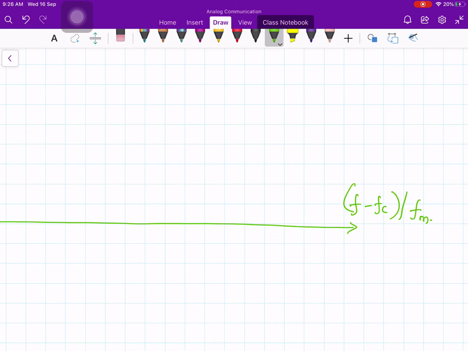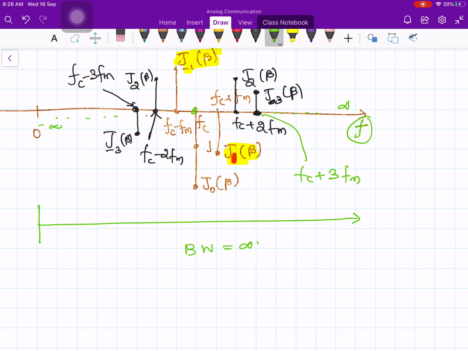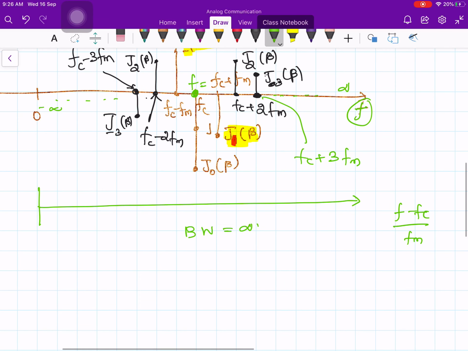I have looked at the frequency deviation from the center frequency f_c, normalized with respect to the modulating signal frequency f_m. If you substitute f equal to f_c at this point, (f_c − f_c)/f_m is 0. Therefore this point corresponds to 0.